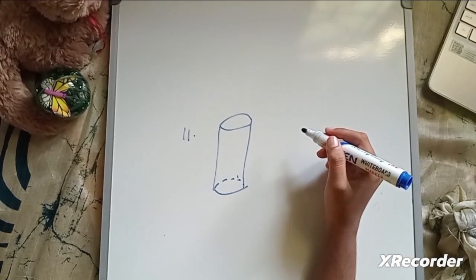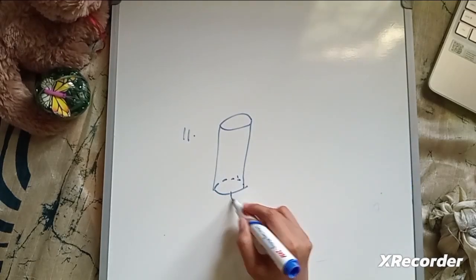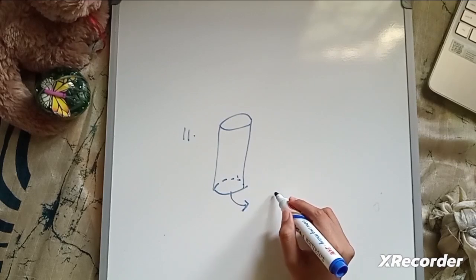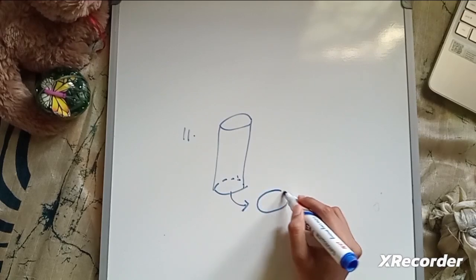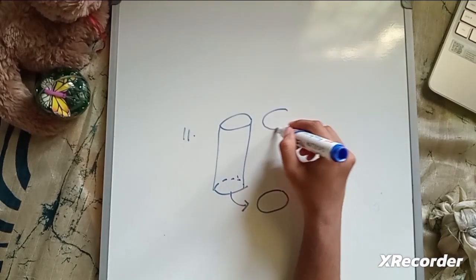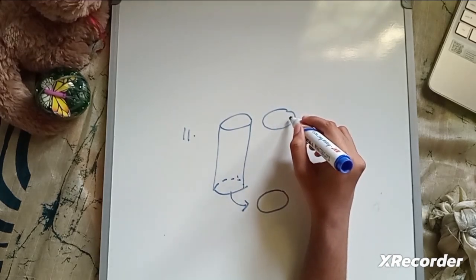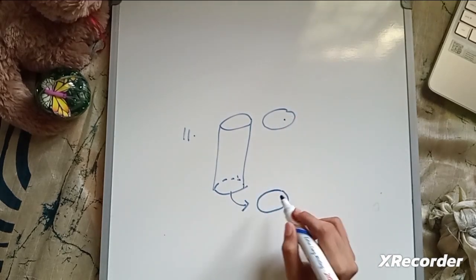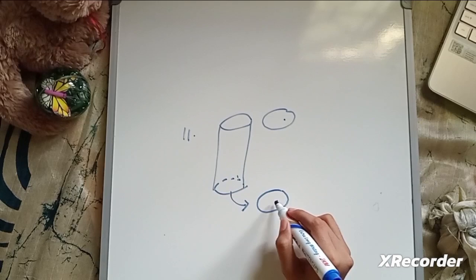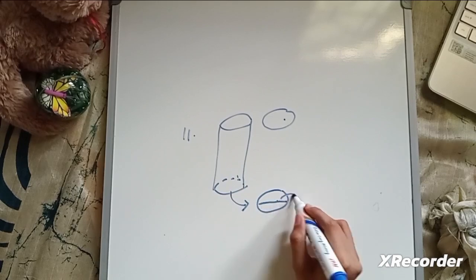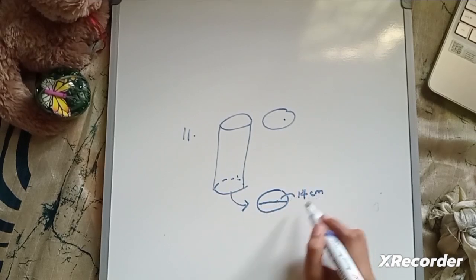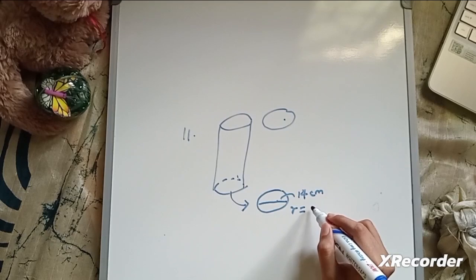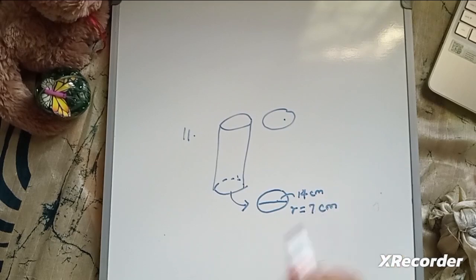So they are telling that the diameter of this circle, there are two circles, two at the top and one at the bottom. So this diameter is 14 centimeter and the radius therefore is 7 centimeter.